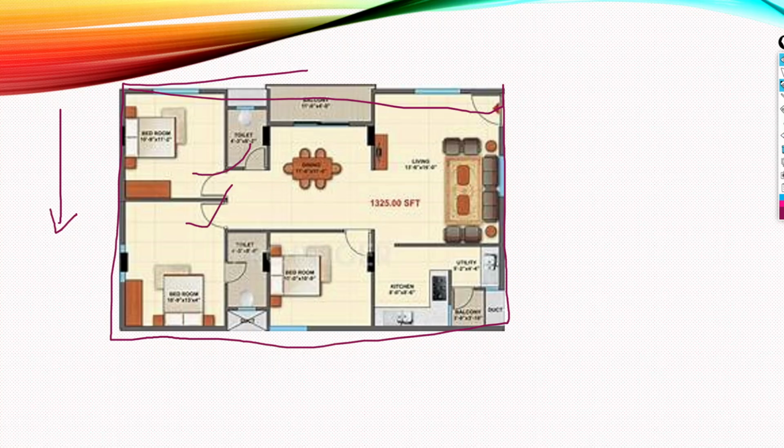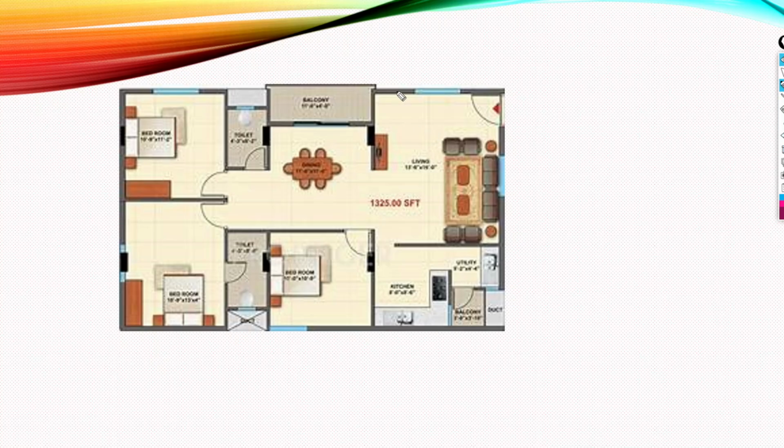But at the same time they will give you provisions. Just be with me. Here, intentionally, in the living area they have kept this place open so that you can directly get your TV and fix it here. In the same way, maybe in the kitchen area they have intentionally left a certain place empty so that you can put your refrigerator here.